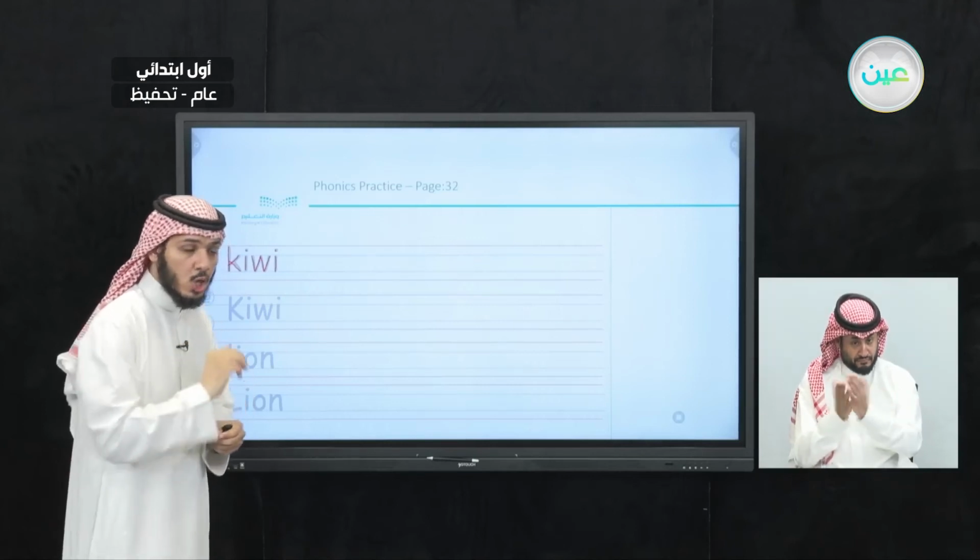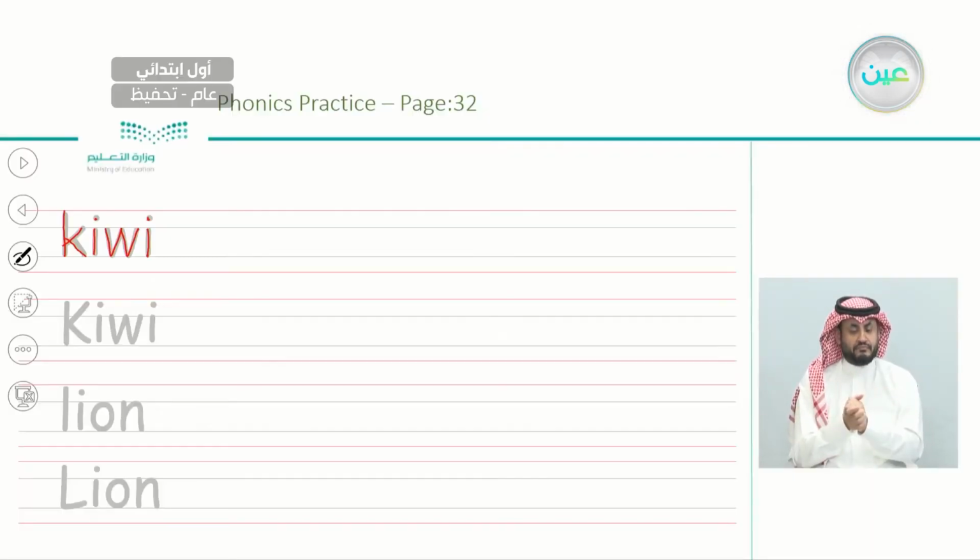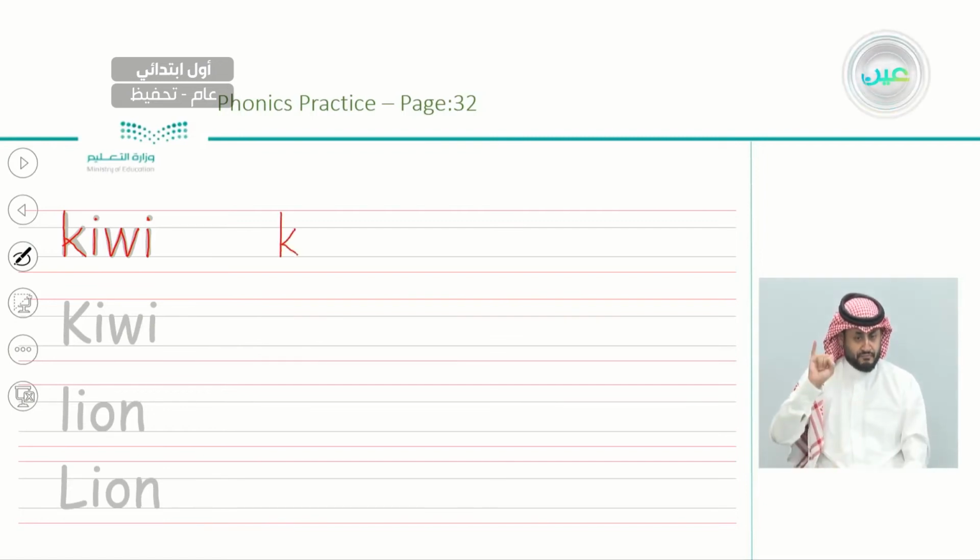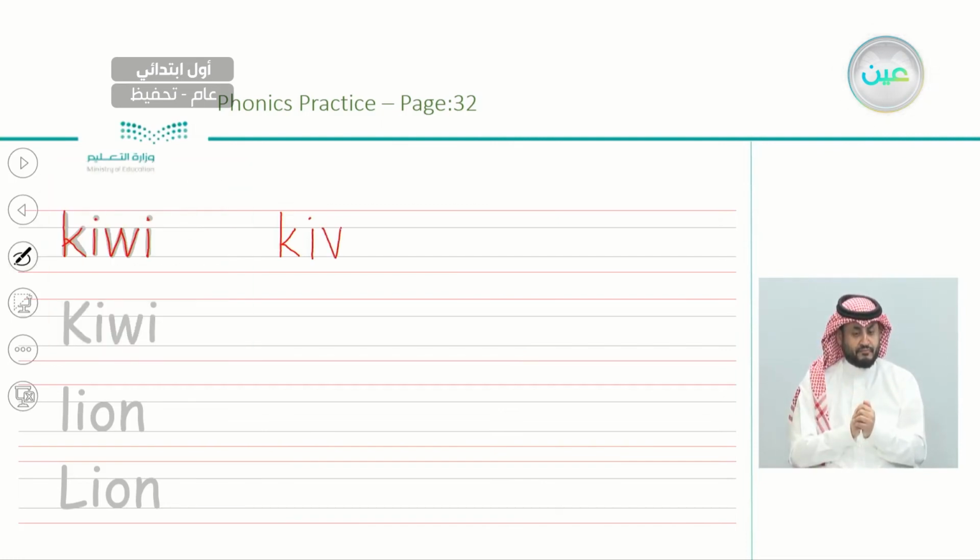K, 1 to 3. Then after that, 2 small lines like this. And we have I between 1 and 3. And after that, a dot, W like this, and I like this. So, kiwi.